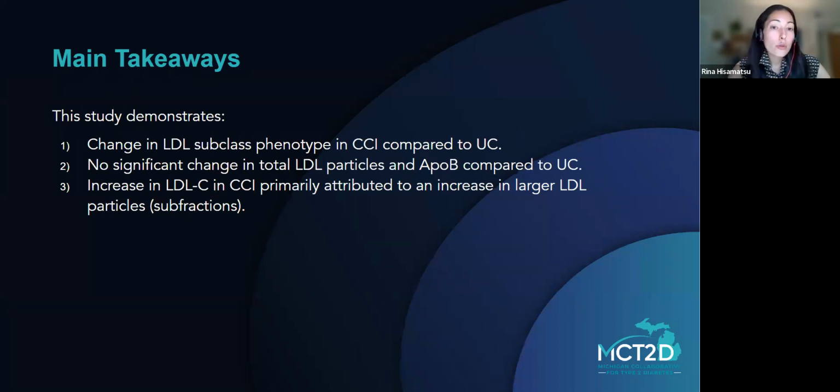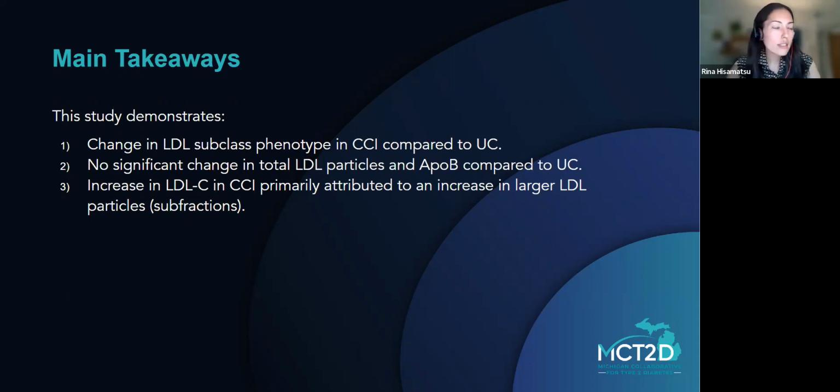There was also no significant change in total LDL particles in ApoB compared to the usual care arm. And thirdly, there was a significant increase in LDL-C in the continuous care arm, but it was primarily contributed to by an increase in larger LDL particles or subfractions.